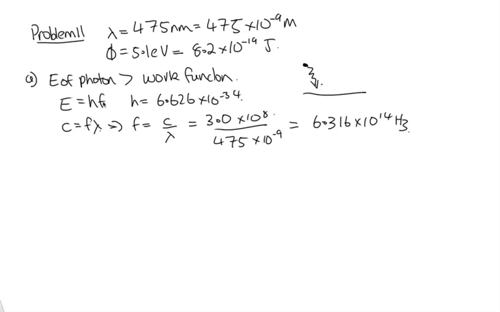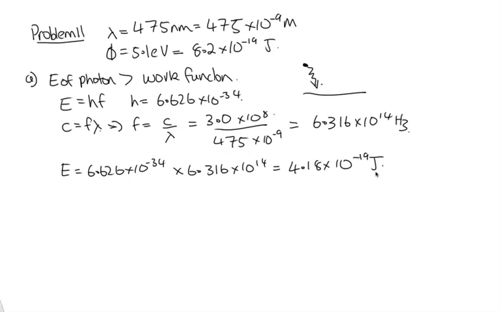And so finally now we can substitute this frequency into this equation. So the energy is 6.626 times 10 to the minus 34, that's the h, times the f, 6.316 times 10 to the 14. And solving this, we get 4.18 times 10 to the minus 19 joules.